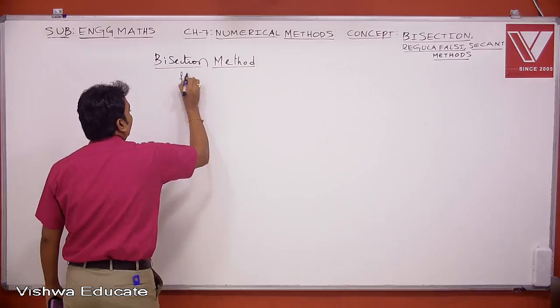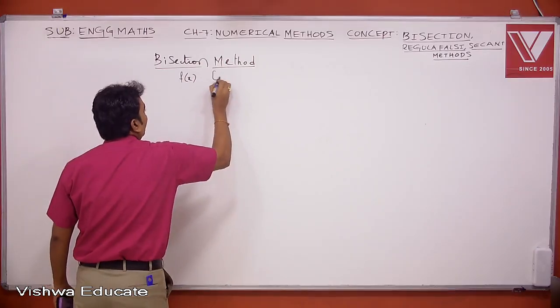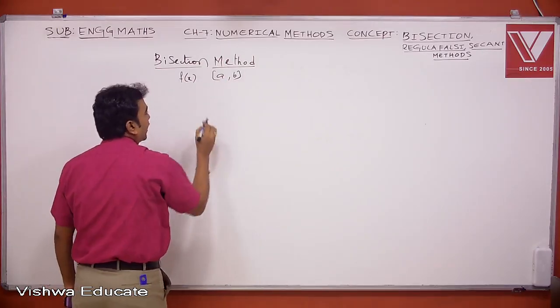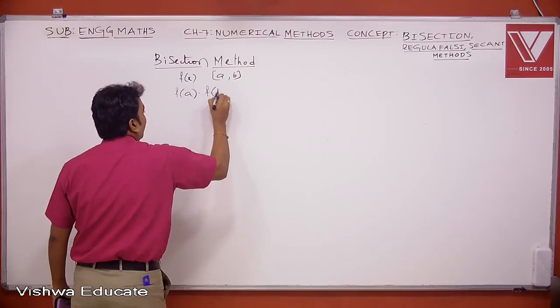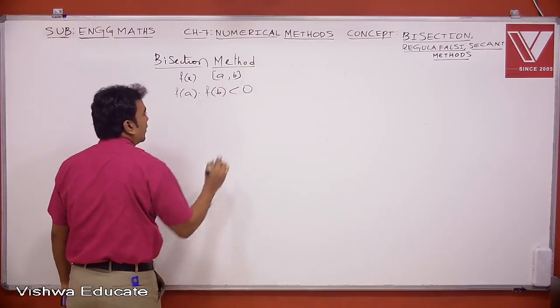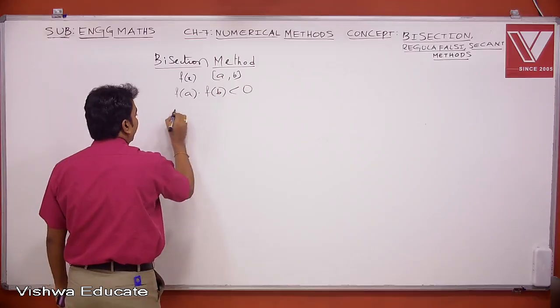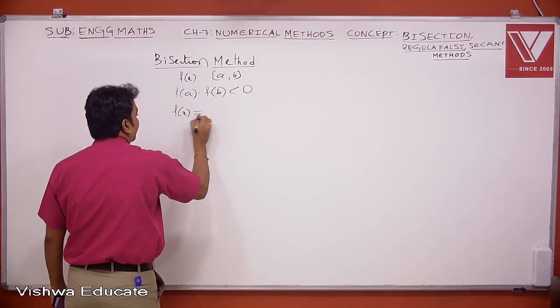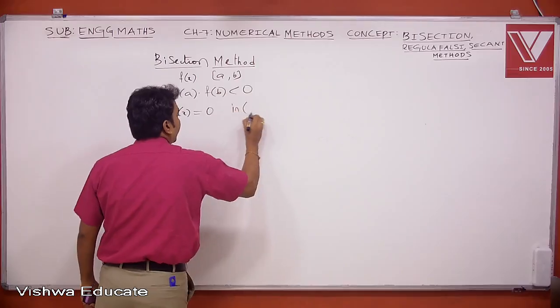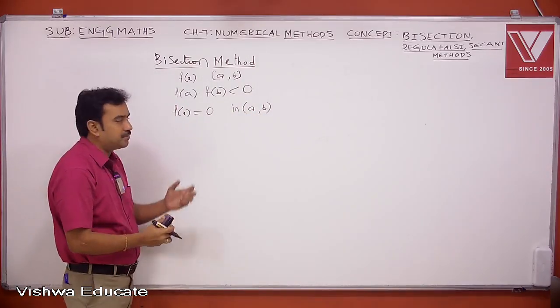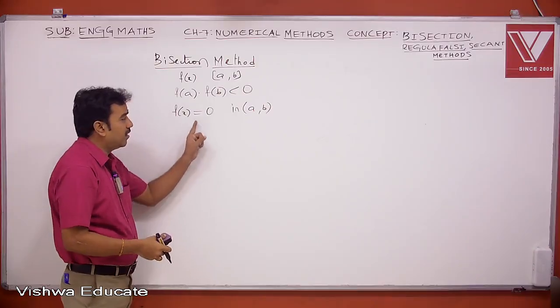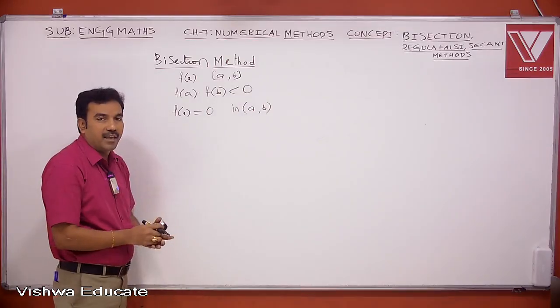Suppose we have a function f of x which is continuous in closed interval a comma b and the function takes opposite signs at the endpoints, that is f of a dot f of b less than 0. Then the equation f of x equal to 0 has at least one root in open interval a comma b. So by this theorem, there is a confirmation that the root belongs to open interval a comma b.